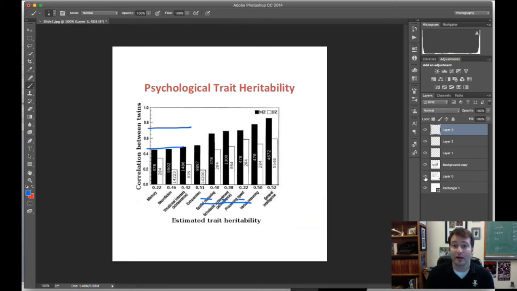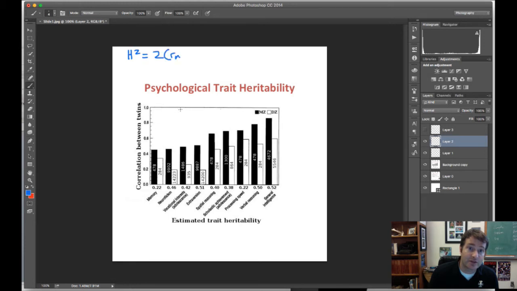I'm going to go ahead and get rid of that layer, and we'll do some of these calculations. So I'll just rewrite that formula really quick. Broad sense heritability is 2 times the difference in the correlation coefficients between monozygotic and dizygotic twins. This figure shows you all of that data.